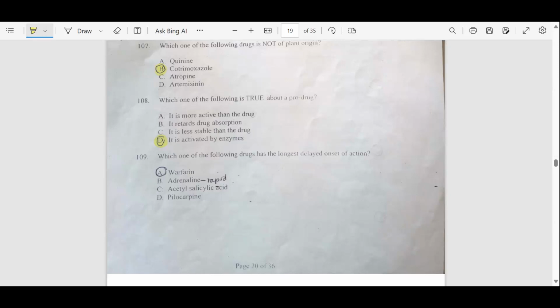A prodrug is when the drug you're giving has no effect and has to be activated. I've done a search saying that morphine is not a prodrug. So on that note, 109, which of the following drugs has the longest delayed onset of action?